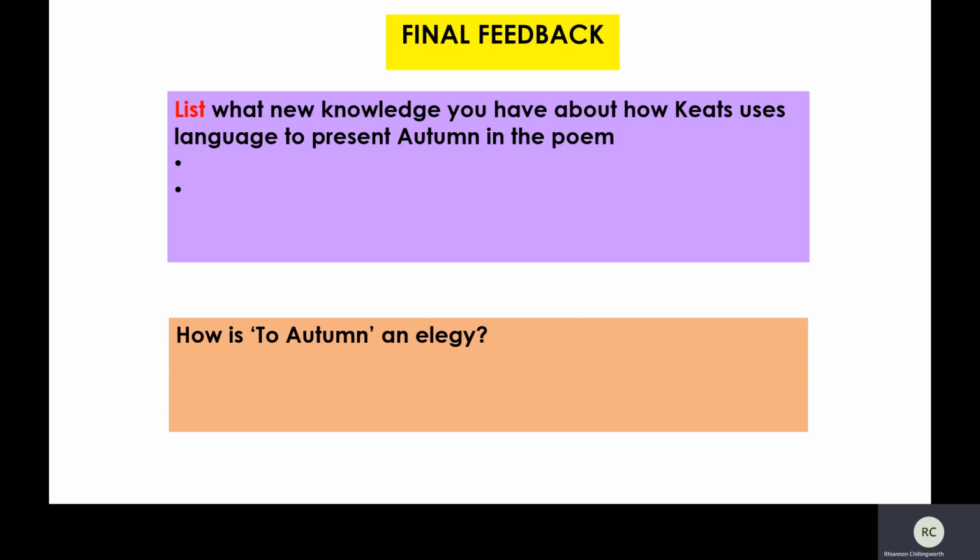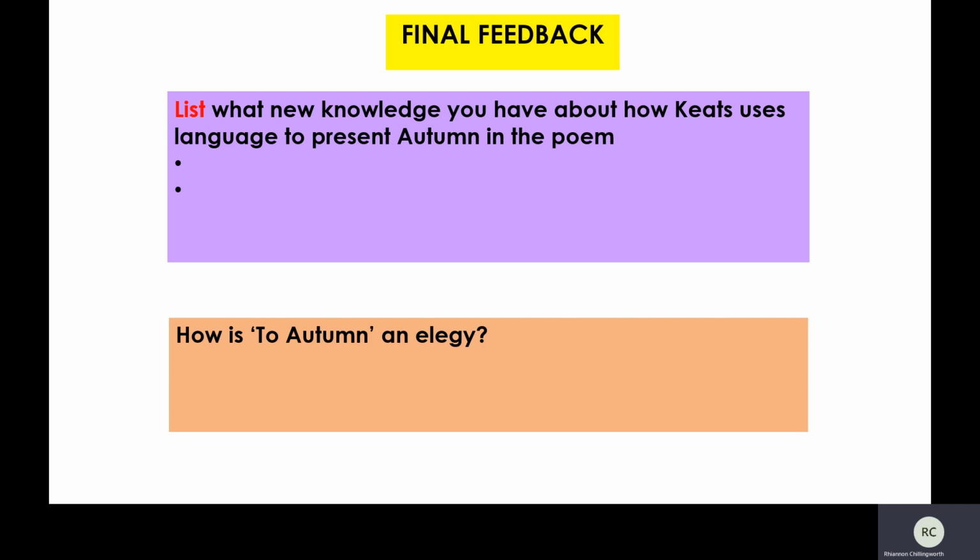But what you should have attached to your assignments when you come to plan and then when you come to write is a writing frame that does include some quotations to support you. Only use the writing frame if you feel you need it, but it is there as a support to help you, obviously, in these difficult times when we're not doing this in class and your teacher isn't there to give you that immediate support.